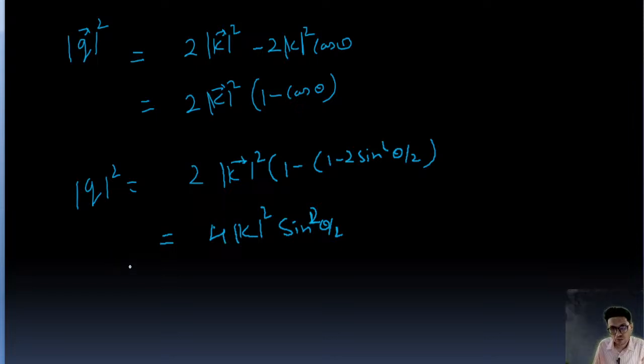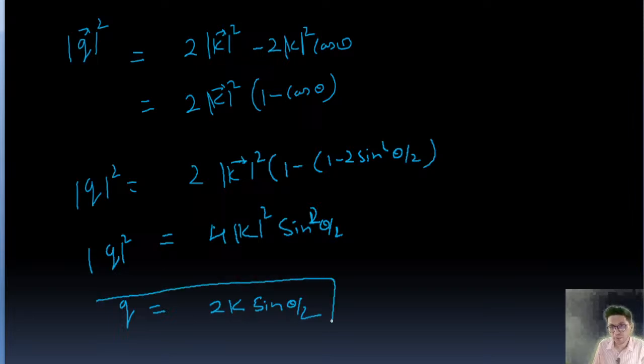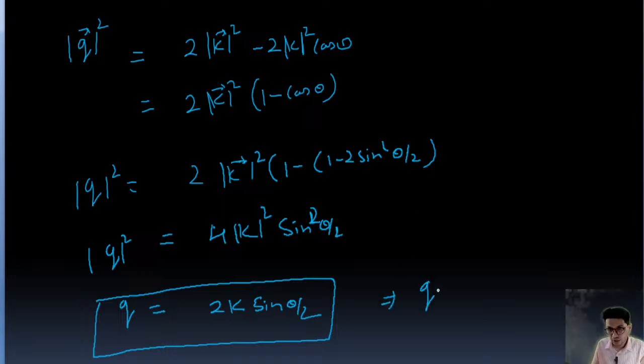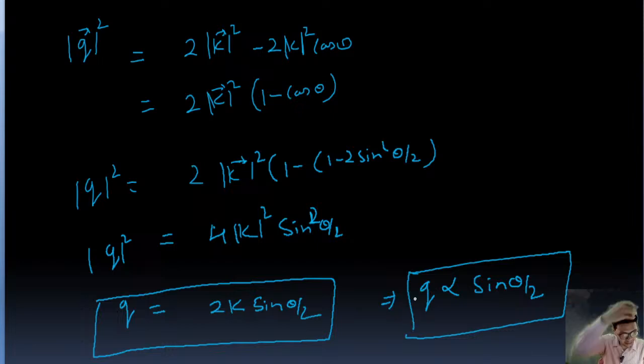So the value of q is 2k sine theta by 2. Very important, you need to note down this and memorize it, guys. The value of q is 2k sine theta by 2, and this implies q is proportional to sine theta by 2.